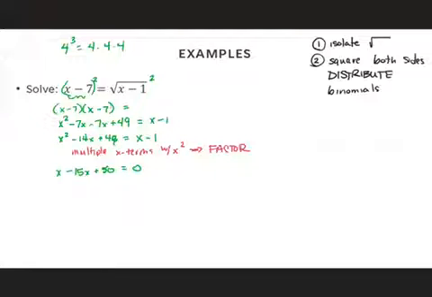So now that it's equal to 0, I can factor. The first term has a coefficient of 1, so I can just look for factors of 50 that add up to negative 15, which is going to be x minus 10 and x minus 5. So either x minus 10 is 0 or x minus 5 is 0, which means x is 10 or x is 5.